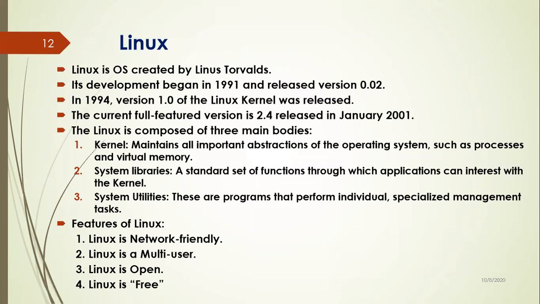We always say that Linux is an open source operating system. Open source means we can change the code of the operating system, not only use Linux freely. The fourth feature is that Linux is free, meaning we can use this operating system free of cost. But if you want to make changes in the code of Linux, that also we can do. That's why it is called an open source operating system.